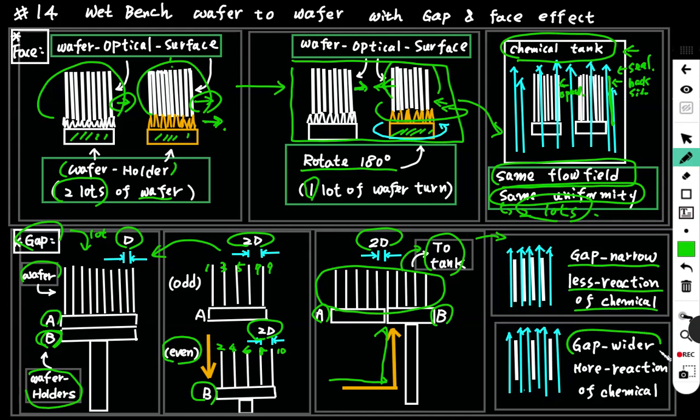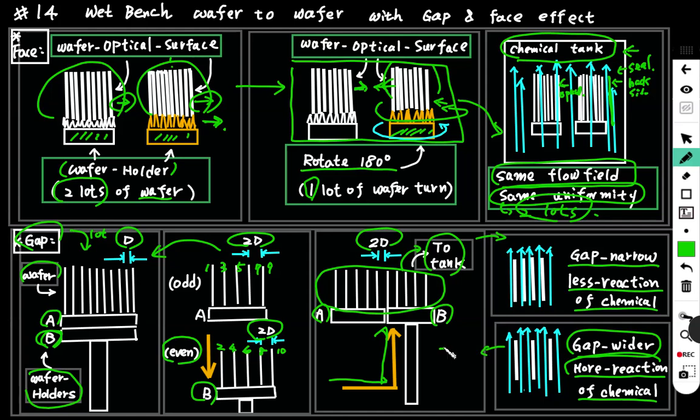If the gap wider, is a much more chemical flow through between the wafers, so chemical more reaction with chemical. So we have a bigger gap is more reaction of the chemical.